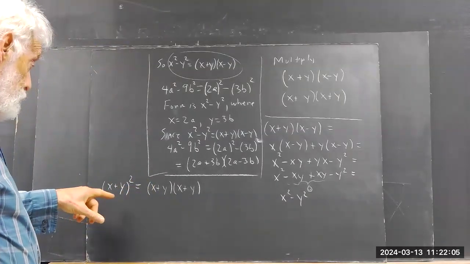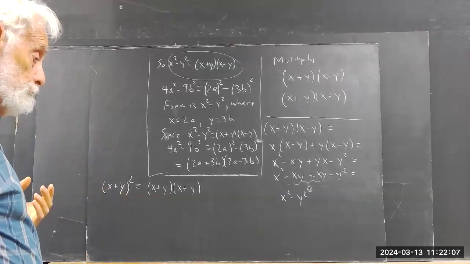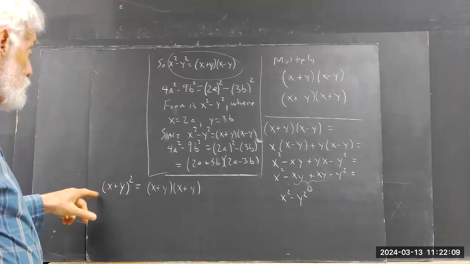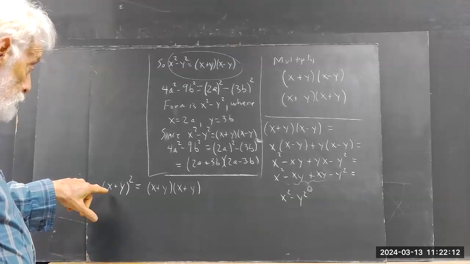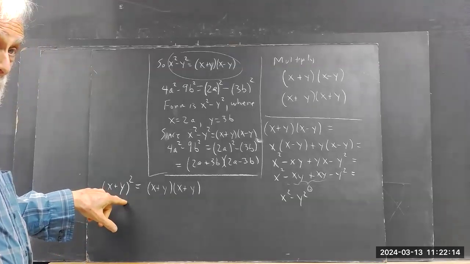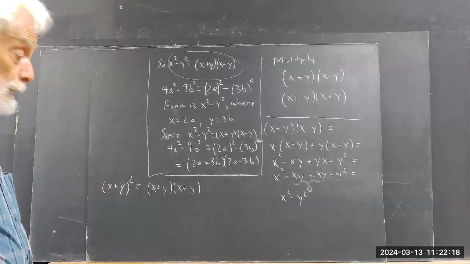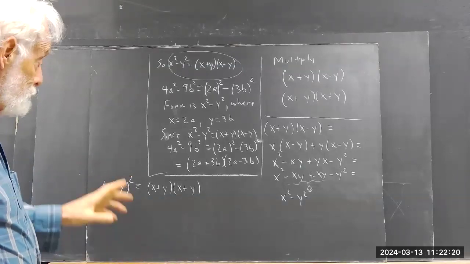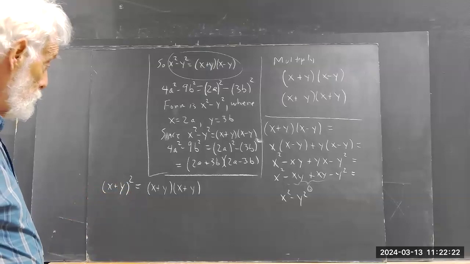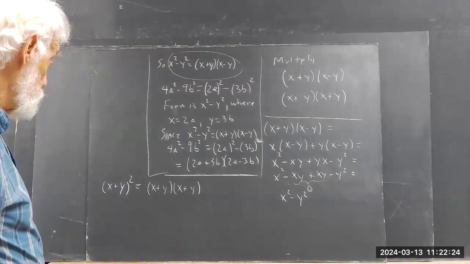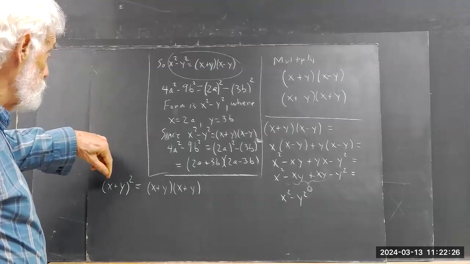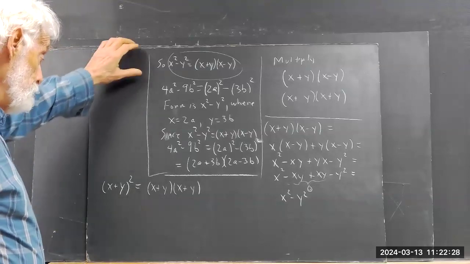Now, most everybody sees this and wants to write this as x squared plus y squared. It's like you have a distributive law of the exponent. Okay, but there's no such law. It doesn't work that way. If you multiply this out using the distributive law, you see that this is not x squared plus y squared.